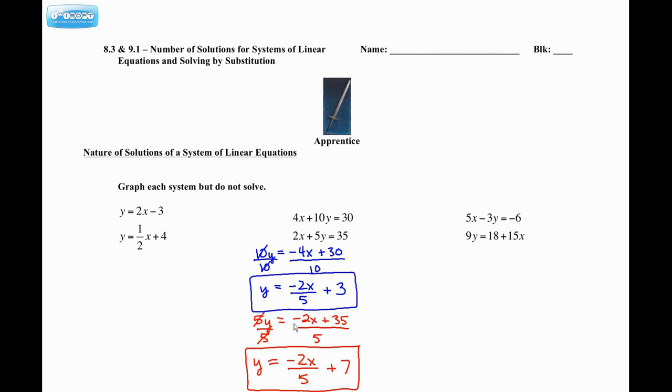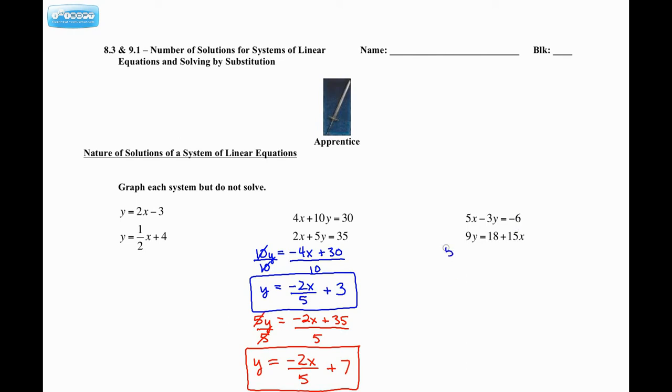Okay, let's do the last system. All right, so notice how the y term is negative right now. So I'm going to express it on the right, hence making it positive. And that means this negative 6 on the right, that has to go. So I'm going to add 6 to both sides. Doing so, I'm going to get the following.